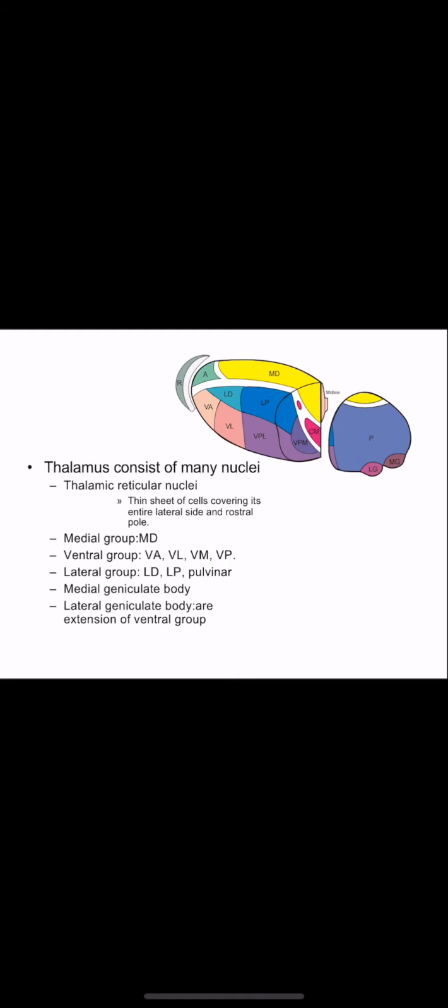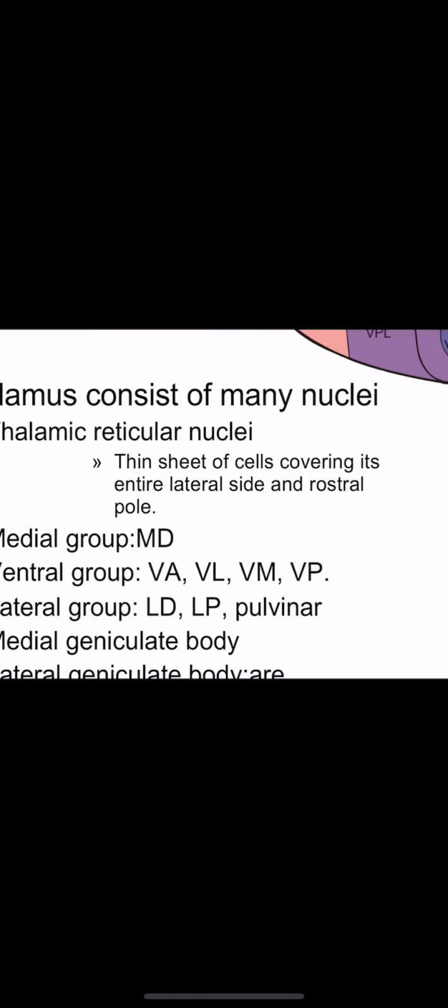Now this is the thalamus with its subdivisions into many nuclei. The thalamus consists of, for example, the thalamic reticular nuclei, the medial group of thalamic nuclei on the medial side, where also we have the ventral group in the ventral aspect, and we have the lateral group of thalamic nuclei.